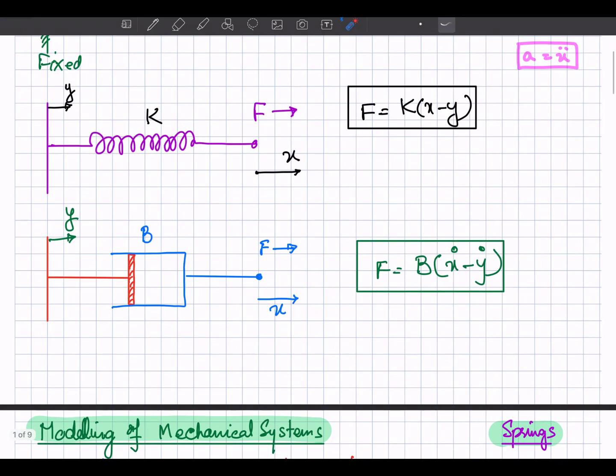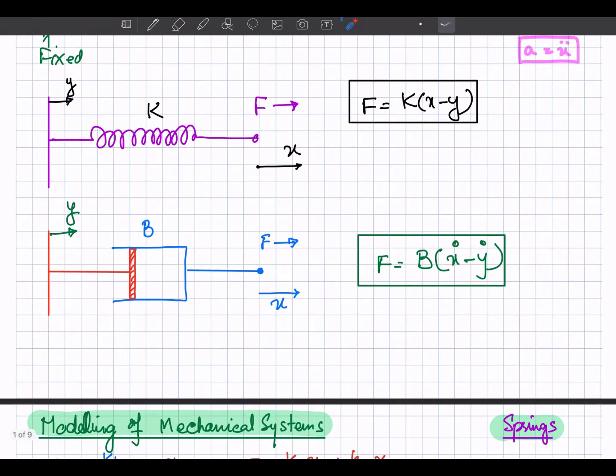Similarly, if we consider the case of the damper and we assume that this is not fixed, rather it is movable, right? So when we apply the force F, there is the displacement X at this end, and this end is also displaced by Y. So net displacement will be X minus Y, and the net velocity across this damper will be X dot minus Y dot.